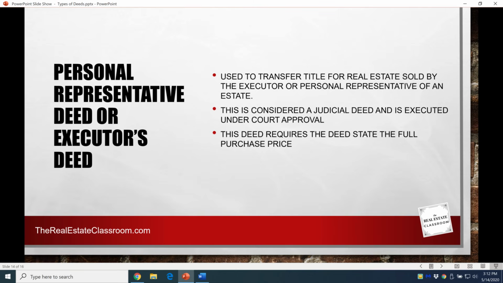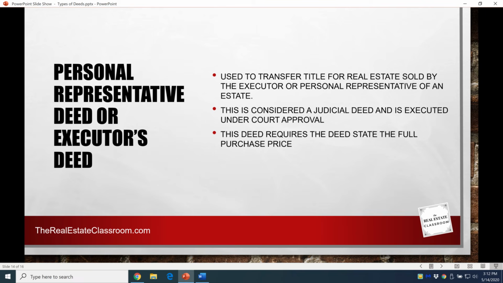All right, let's take a look at bullet point number 3 because it's very unique to these deeds. It requires the deed to state the full purchase price. Now, in the consideration part of the deed, we have to list what the consideration was in exchange for the conveyance of title. Almost always it's $1. That's what we put in there.